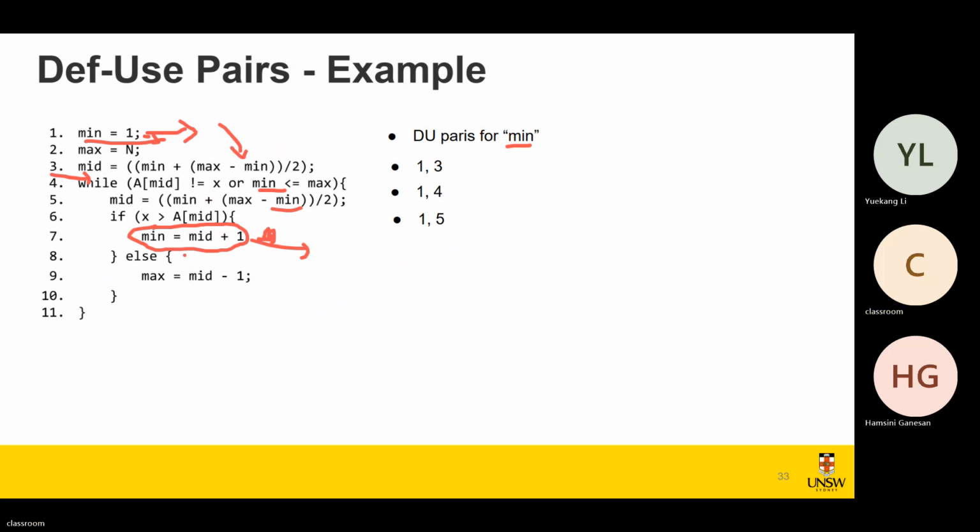And because this is a loop, we can loop back to 4, right? So 7 and 4 is another def-use pair. And of course, 7 and 5 is another one. So these are the def-use pairs for the variable mean.